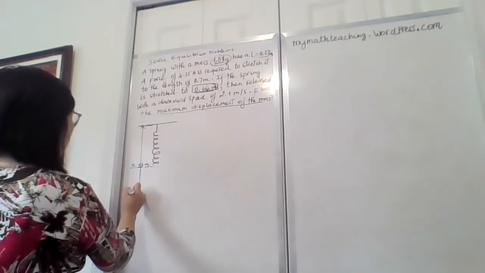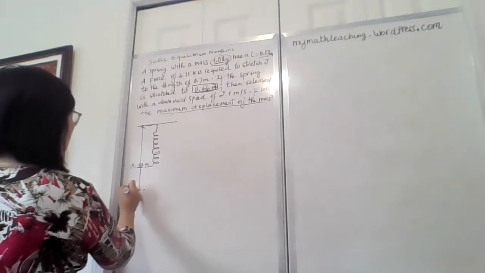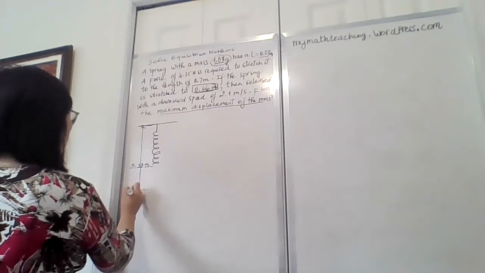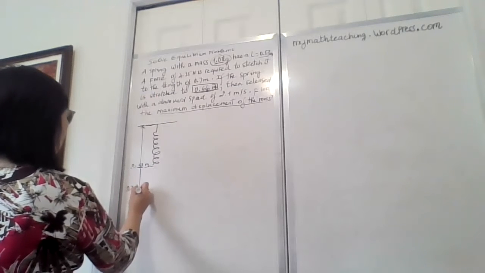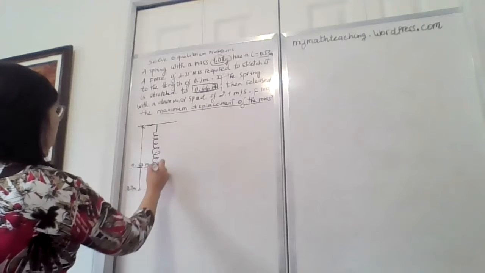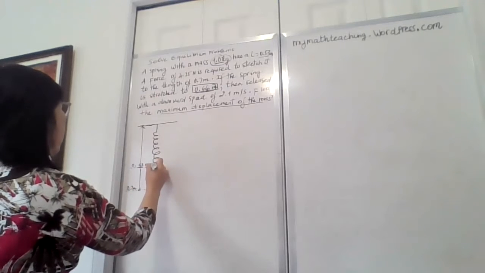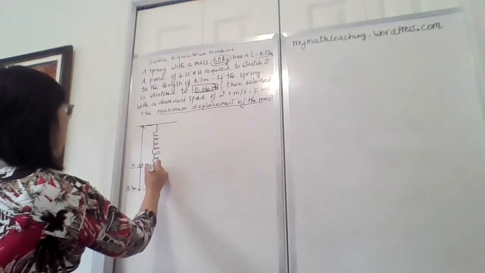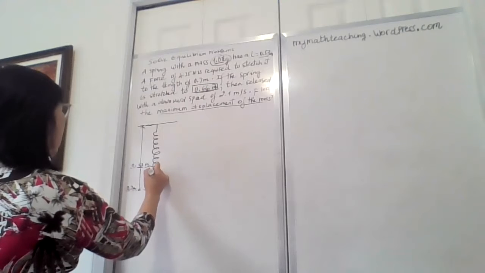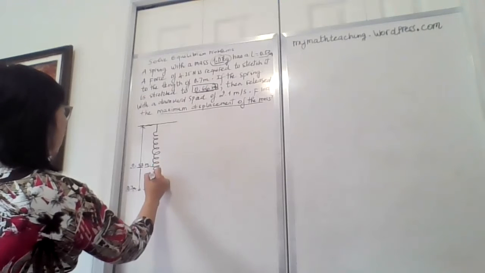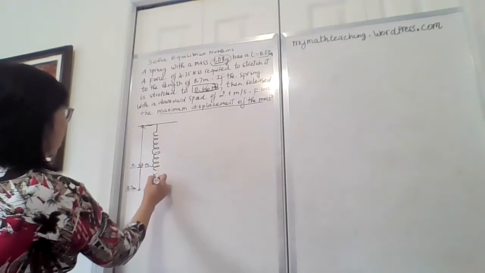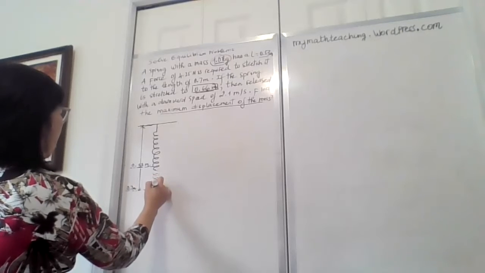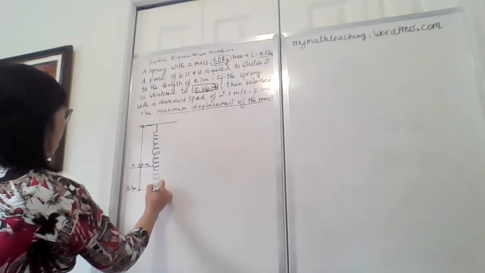At this level is 0.7 meter on the way from here to here. So this spring is supposed to be stretched, and I put a dot to show the natural length of the spring. It should try to stretch up to here.